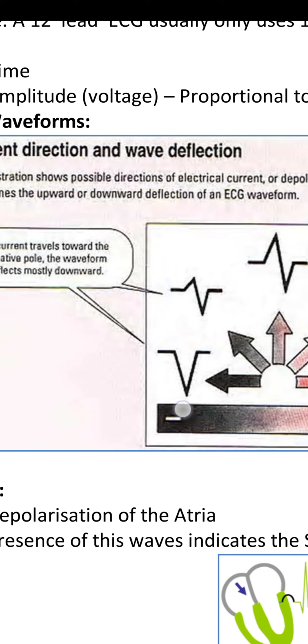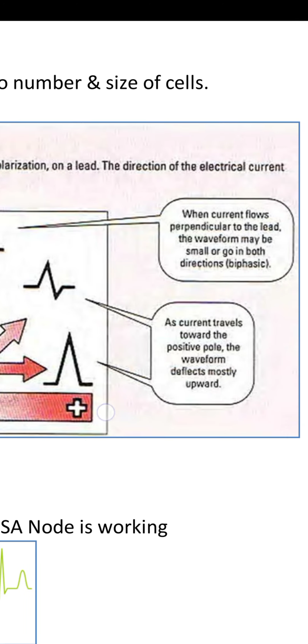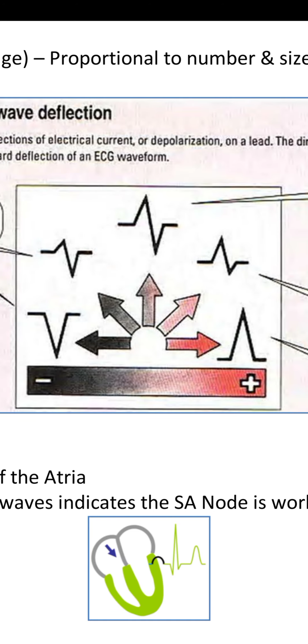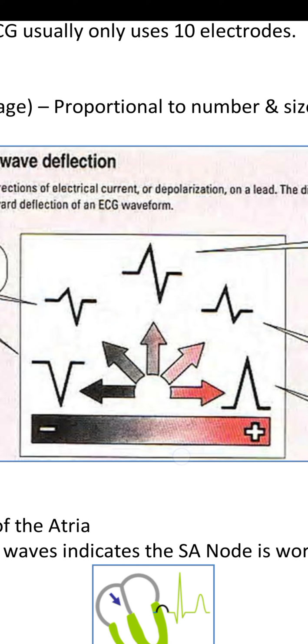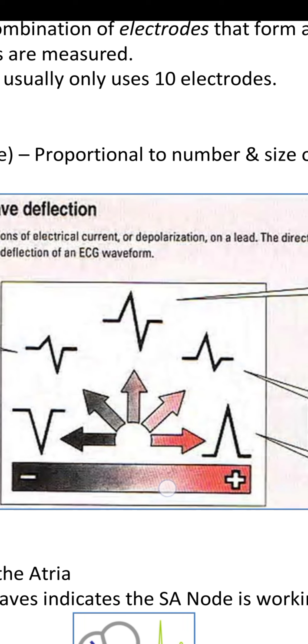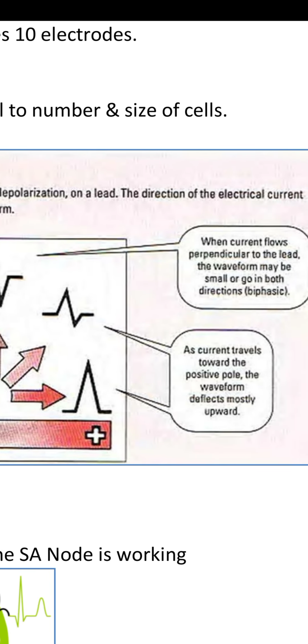Next is the middle one, when the current flows perpendicular to the lead. This is an electrode, and it has positive and negative ends. When the current flows perpendicular to the lead or electrode, the waveform may be small or go in both directions.